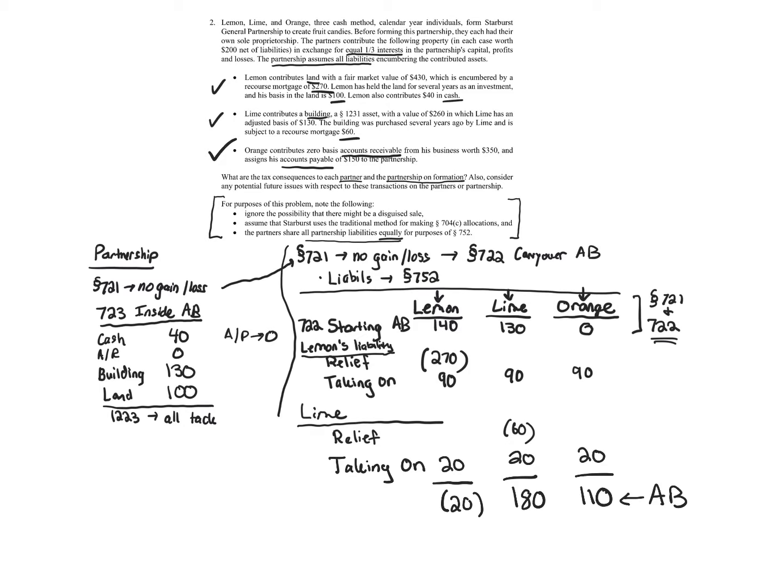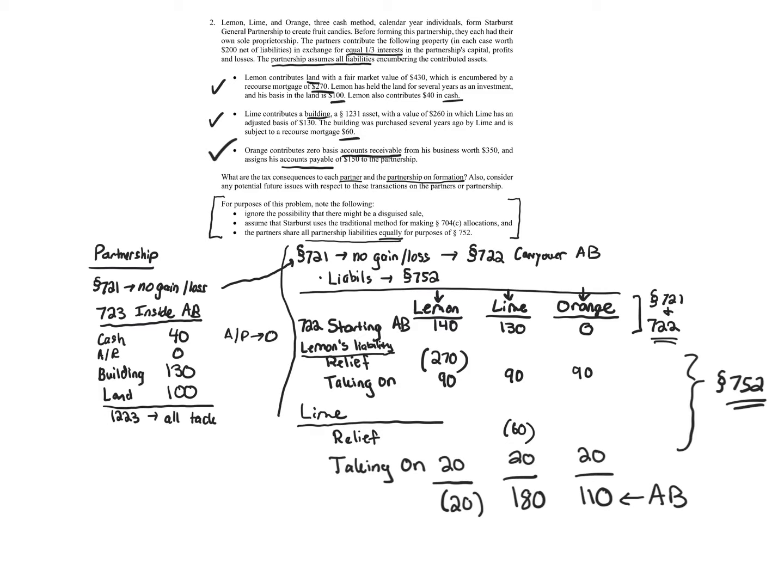So what we just did here, these liability steps, right? We did 721, 722 first. Then this part with Lemon and Lime's liability relief and taking on, that's the analysis we do under Section 752, where we find liabilities for partnerships.